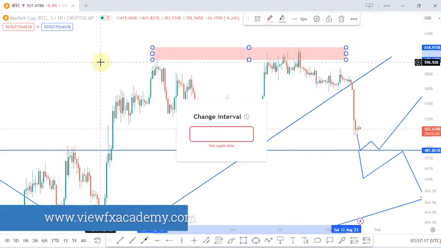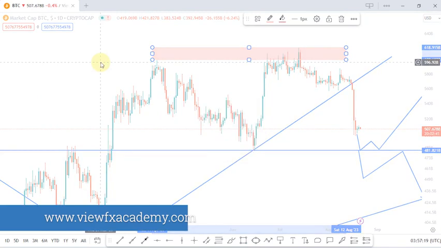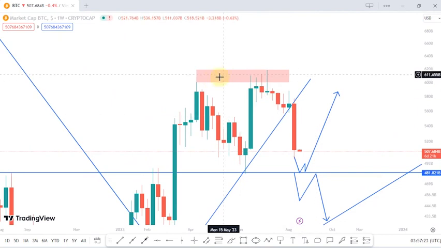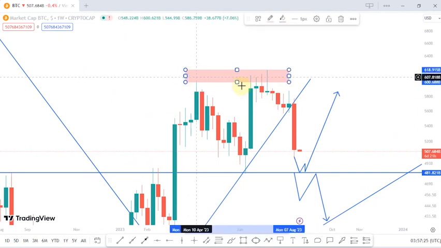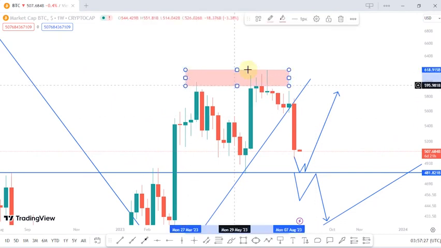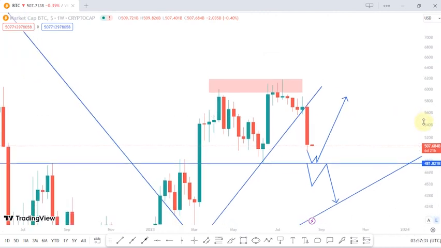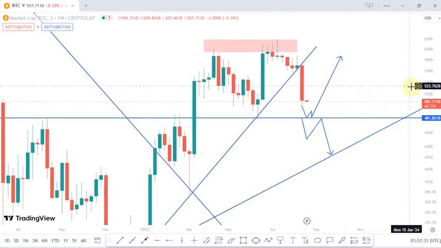And if I go back to the weekly time frame, you will see that the double top is a reversal pattern that we don't joke with.